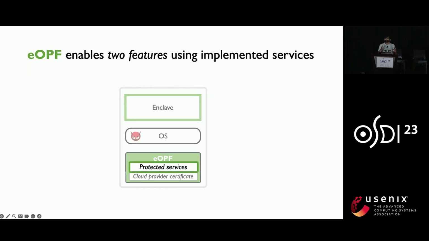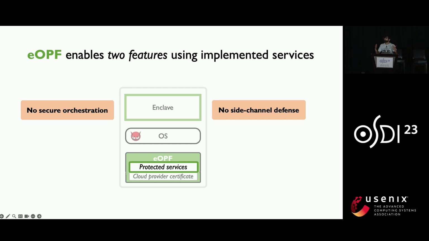Through a combination of these two design points, we built a framework that allows us to implement diverse new features for SGX enclaves. We built two specific features to solve the two problems that I initially talked about, which is the lack of secure orchestration and side channel defense.